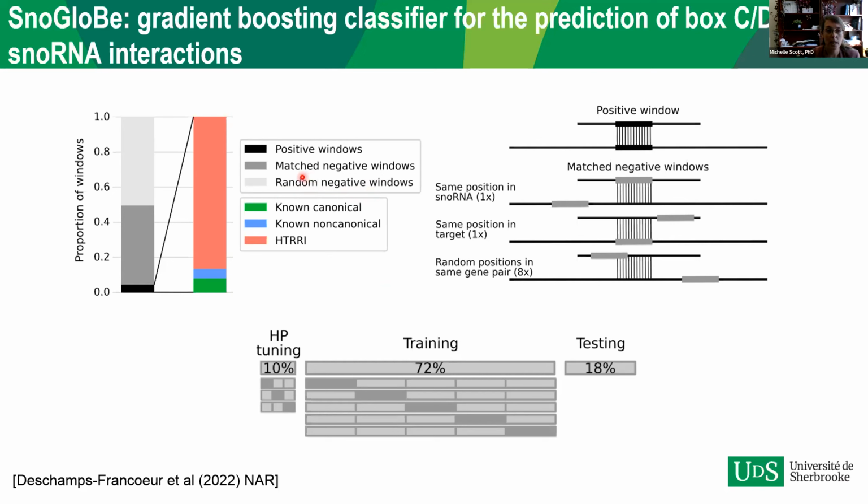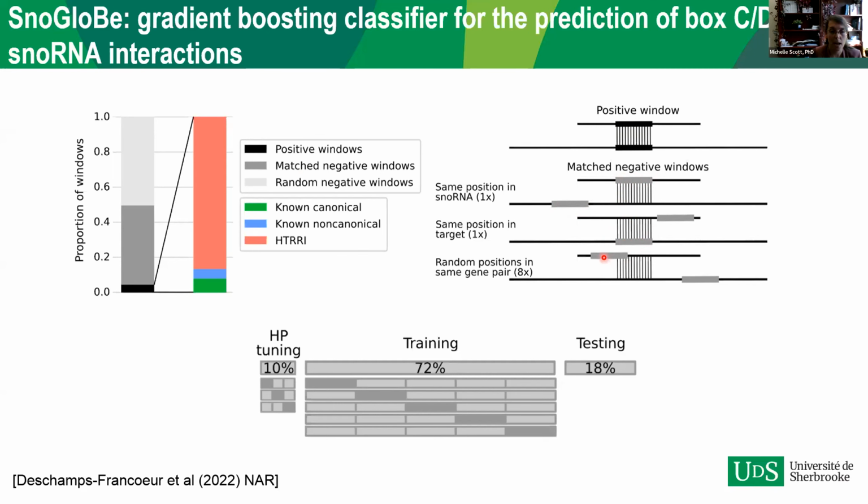And we also created what we call the matched negative set. For every positive example that we have in our sets, we created 10 matched negative interactions. One of them involved the exact position of the interaction in the snoRNA and a random position in the target. Conversely, we also have one example where we have the exact position interacting in the target, but a random position in the interacting snoRNA.